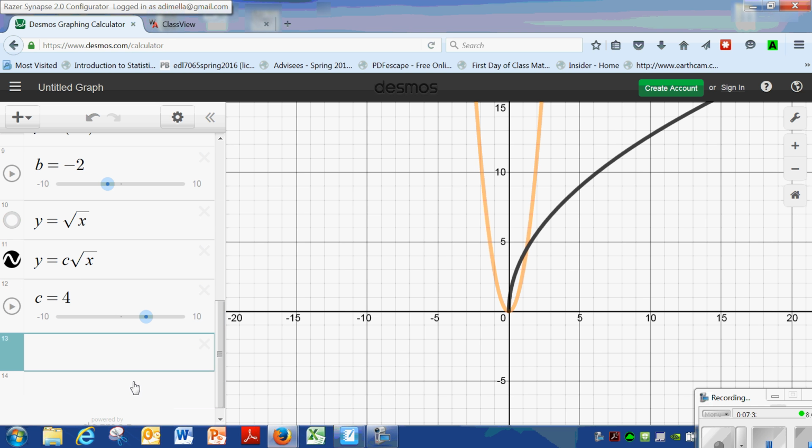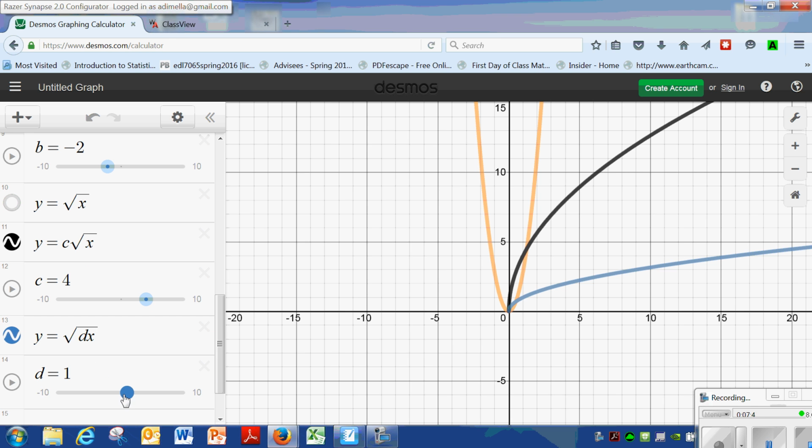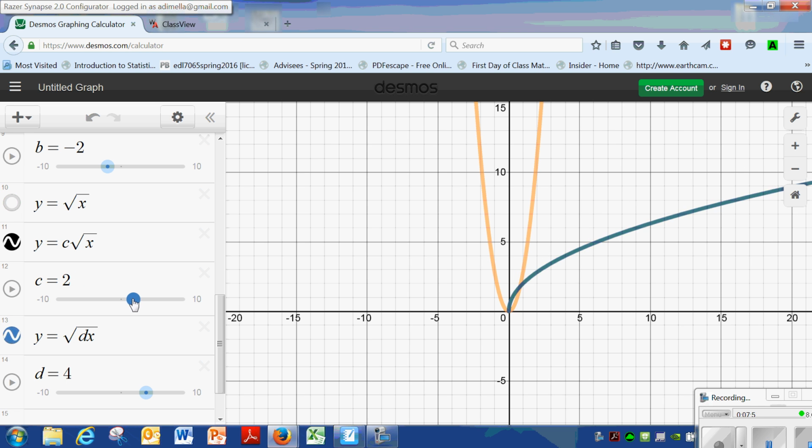Where if it was on the inside, I'll have to use d since I've already used c, and I make it a 4. It actually winds up being like a 2, because this gets the square root taken of it. So it's much more like that.